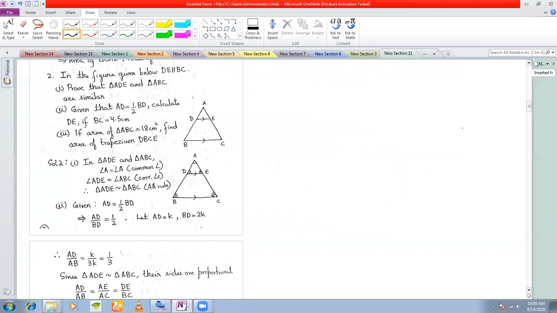In the figure given below, DE is parallel to BC. So these two lines are given to be parallel. Prove that ADE and ABC are similar. How do you prove similarity of this? This looks like your type 2 figure. This is your common angle.